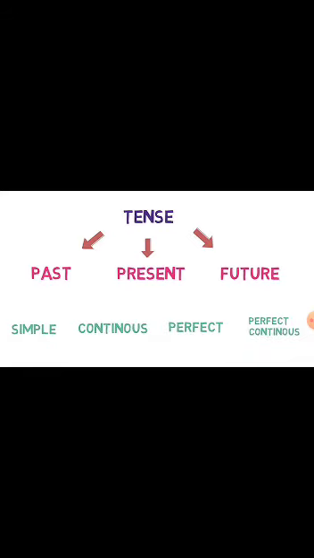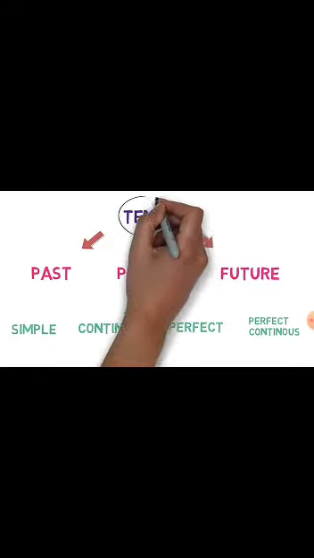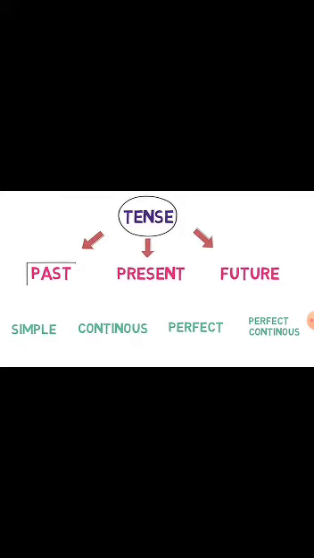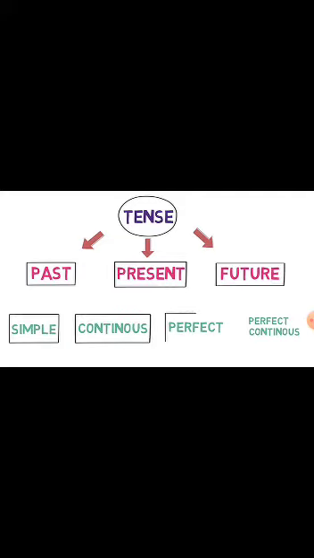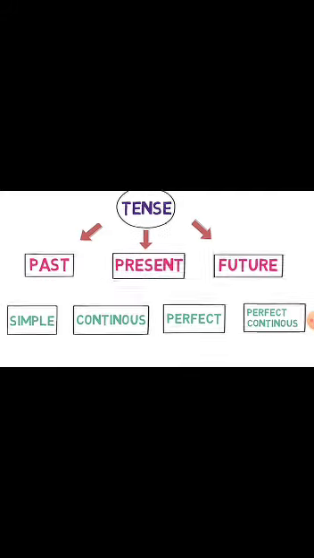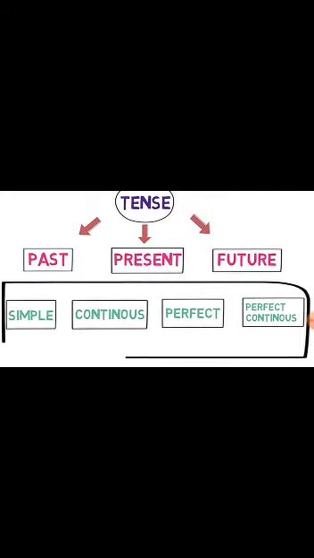You can consider it as a family tree where grandfather tense has three children: past, present and future, and each parent has four sons with the same names: simple, continuous, perfect and perfect continuous. Combining them all becomes 12 siblings. So we are going to learn each of them one at a time.